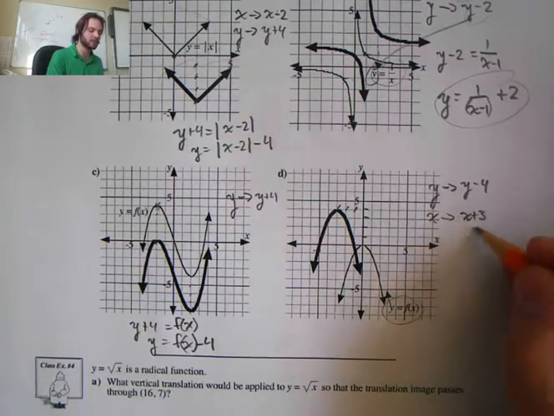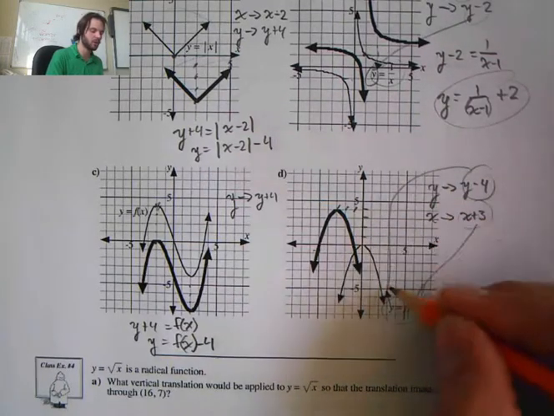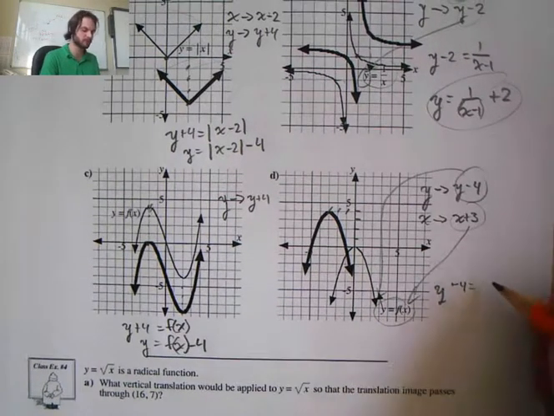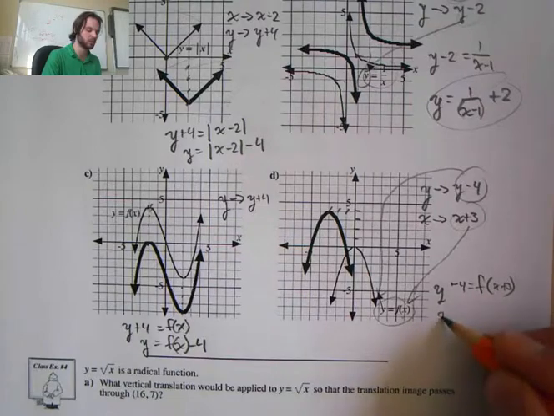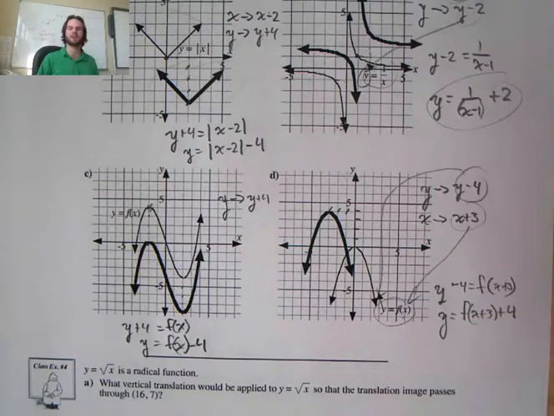So now we have to replace this in for x, and this in for y. So we have y minus 4 is equal to f, and the x gets replaced with x plus 3. So that's the same as y is equal to f of x plus 3, that's in brackets, and then we have to plus 4. So that's the same thing.